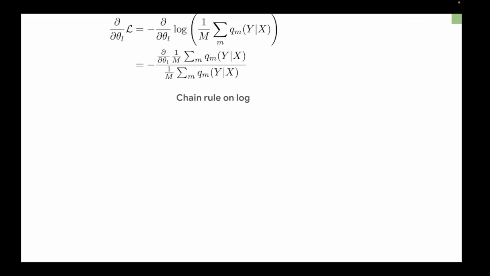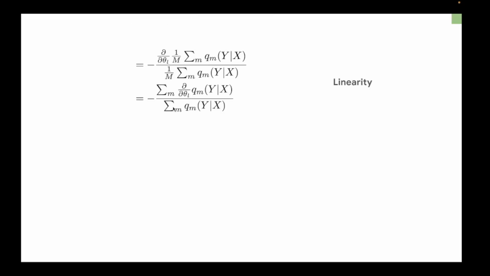So what I do is I take the derivative of the log likelihood loss with respect to one of the parameters of one of the experts. And you know, there's a log upfront, so you can do chain rule, and you have this kind of expression here. You can see already that M kind of cancels out. And then, because of linearity, you can pull the derivative inside the summation.